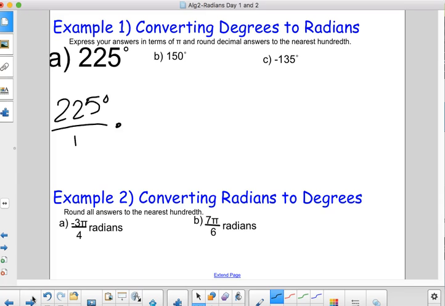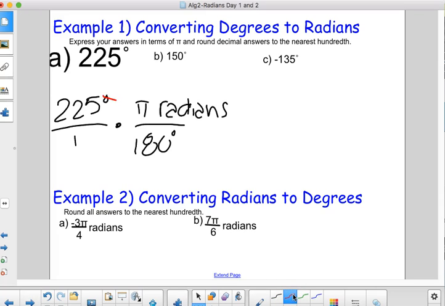If you want to end in radians, the pi tells you your radians. 180 degrees would then go on the bottom. Because if you put that 180 on the bottom, what are your degrees going to do? Cancel out. How do you multiply fractions? Straight across?